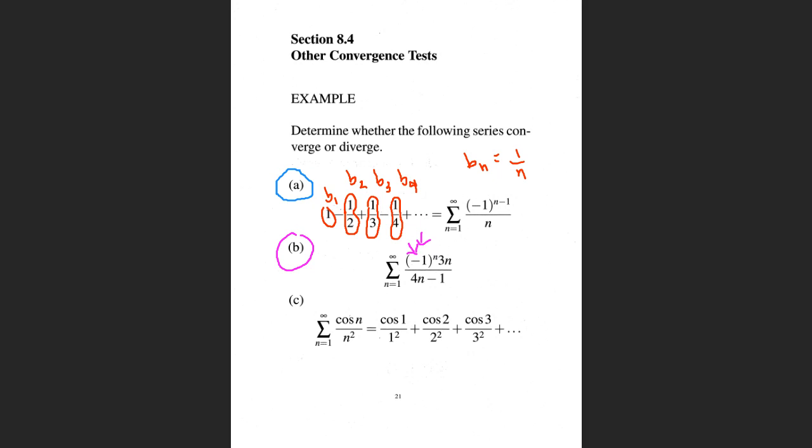As we look at terms later and later in the series, how do those terms behave? So when n is large, is the -1 here going to matter much in terms of the value of the terms of the series? Does that -1 affect the values much?